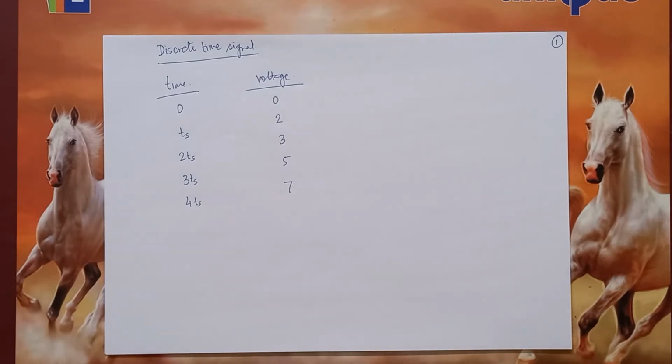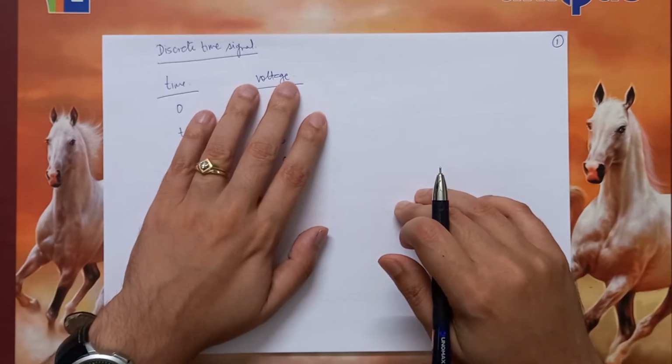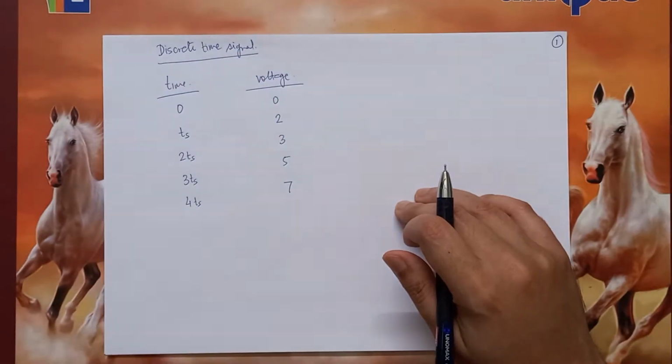So the question of having to store these signals, or to store the voltage values of these signals, gets addressed, because since we have a finite number of points, we can store a finite number of points more easily.